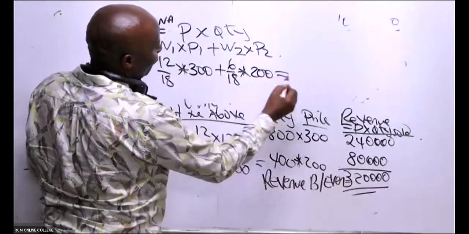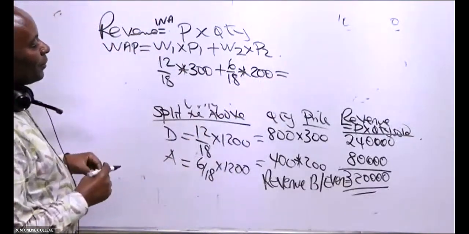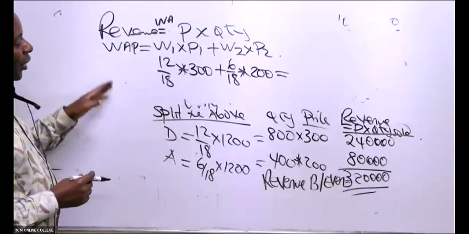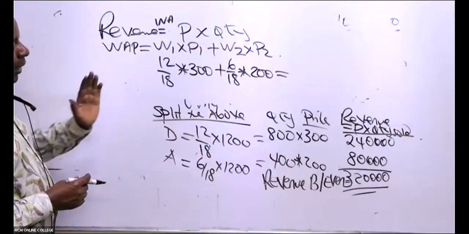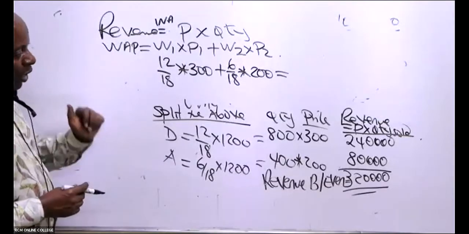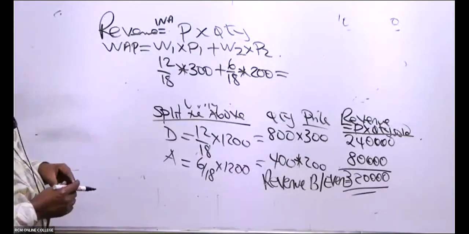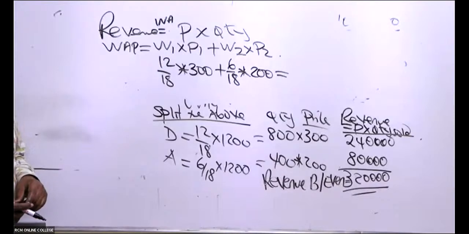So is there somebody who can give me a very beautiful answer out of this? Weighted average price: 12 over 18 times 300 plus 6 over 18 times 200. Please give me this weighted average price.